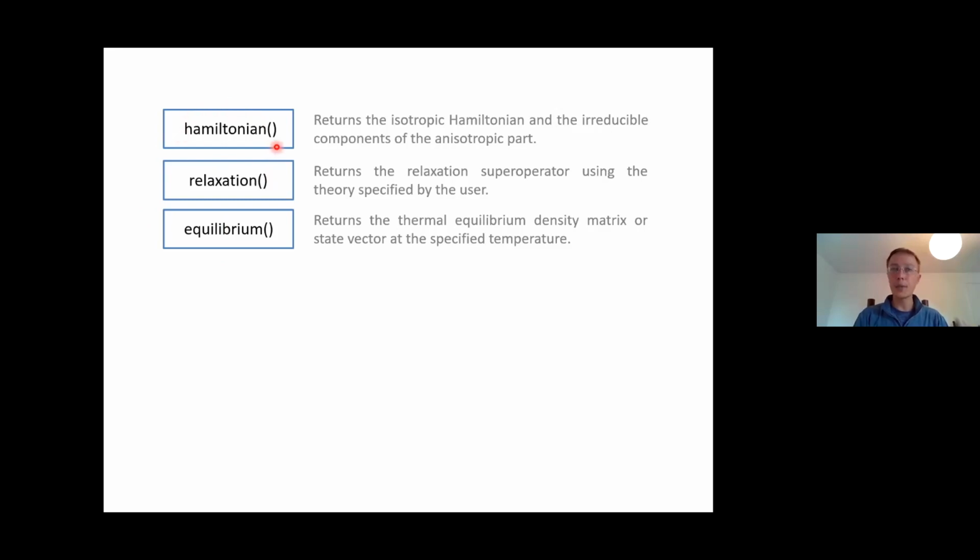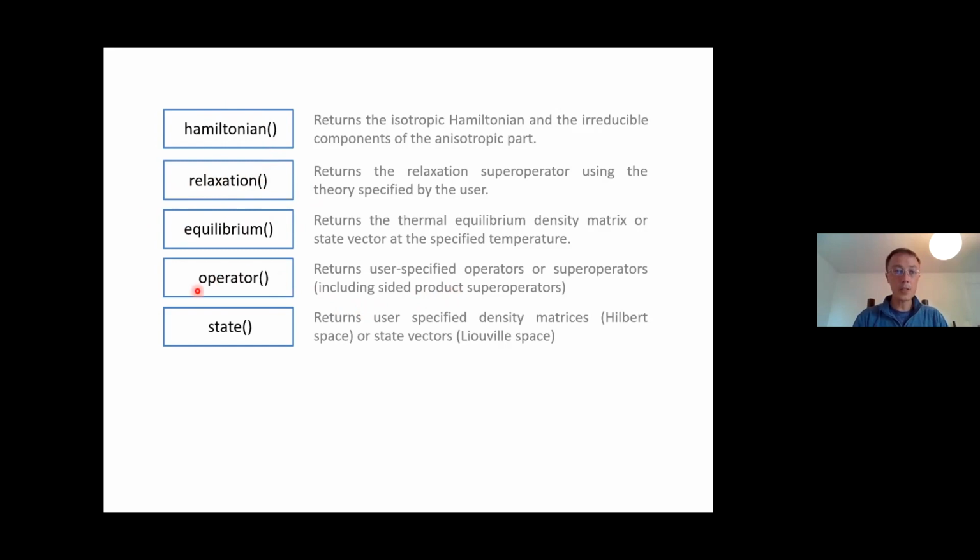If you are a specialist, you would need the low-level ones. So there's a command called Hamiltonian, which returns you the Hamiltonian operator or superoperator or the rotational basis, for example. Relaxation returns you the relaxation superoperator, depending on which options you supplied. Equilibrium is the thermal equilibrium. Then operator, depending on what you ask, returns you individual operators or individual spins. State returns you individual states. In Hilbert space, they're the same as operators, but in Liouville space, they're not.